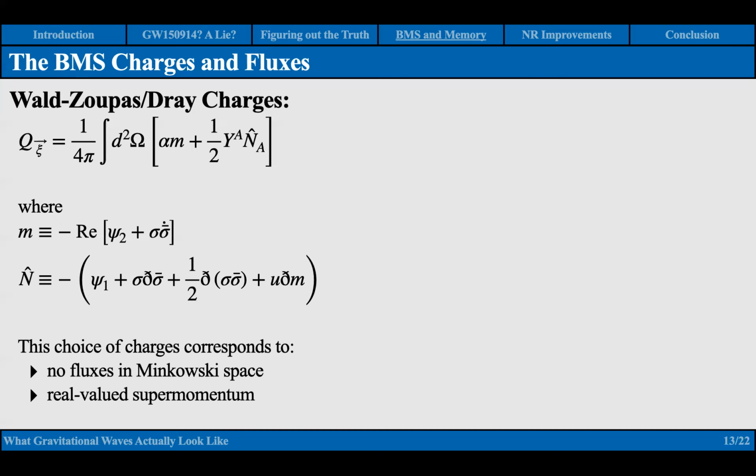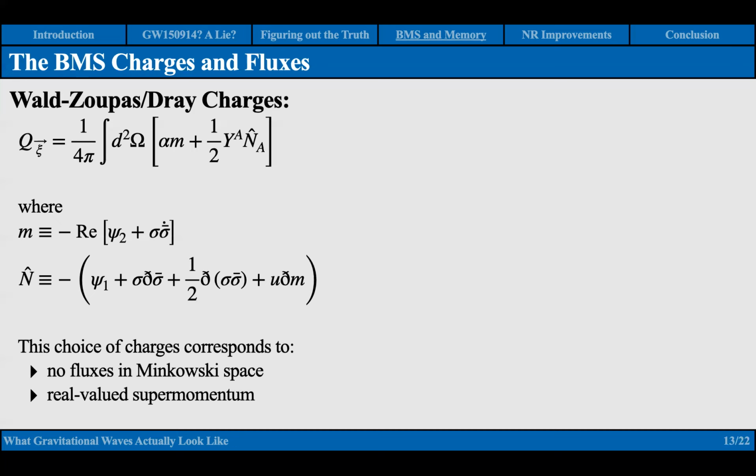If your space is just empty, you don't want random fluxes in certain places. And this is a little bit weird, but essentially it corresponds to your momentum being real. It turns out with these super translations, which extend translations, you actually have something called a super momentum. And so this just makes it so that your super momentum is real. But I wouldn't worry about that too much.